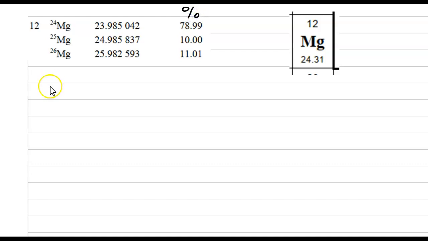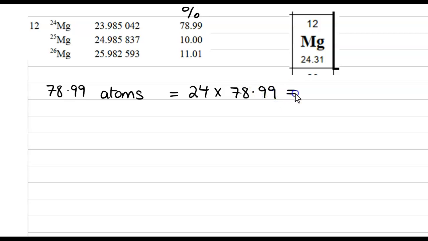So we'll say that we have 78.99 atoms, which will give us a mass of, we'll take our 24 and multiply that by 78.99, and we'll get 1895.76. I'm using these figures up here, and for my percentages, it's here.